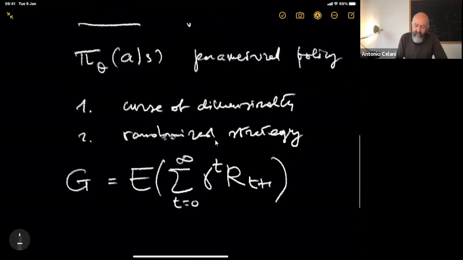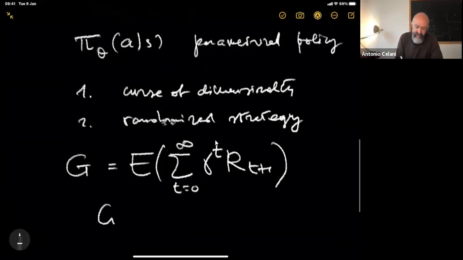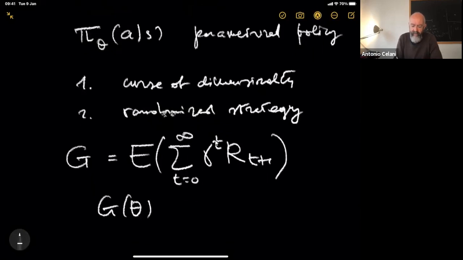So this object here is implicitly a function of the policy. Given a certain environment, it depends on the policy. In fact, if you assume that your policies belong to a set of parameterized policies, this is implicitly a function of the parameters of the policy.